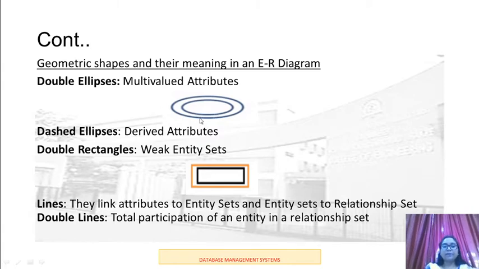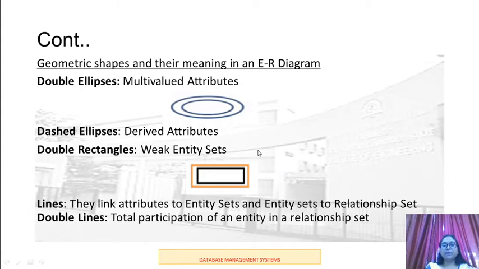Now the derived attributes. Attributes are divided into two types: one is the stored attribute and another one is the derived attribute. Stored attribute means what? Suppose your date of birth. Your date of birth is fixed. It will never change. So it is a fixed value, and that is called a stored value. And what is a derived value?